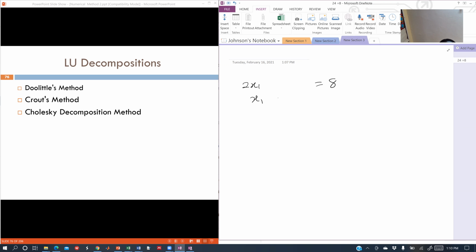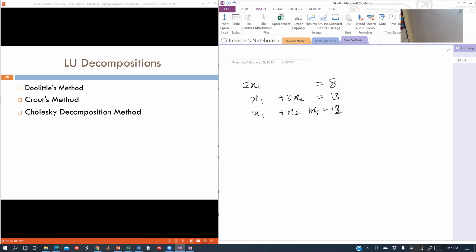Then x1 plus 3x2 is equal to, let me use 13. Then x1 plus x2 plus x3 is equal to, let me use 12.